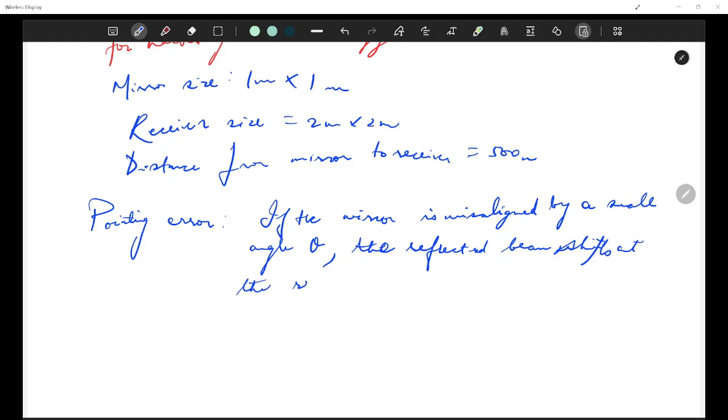You cannot shift the receiver. Okay, so if the mirror is misaligned by just a small angle theta, the reflected beam shifts at the receiver, and it would also be by theta.